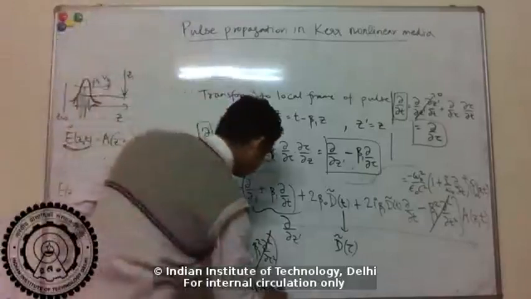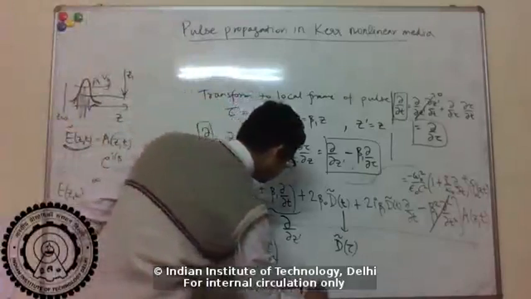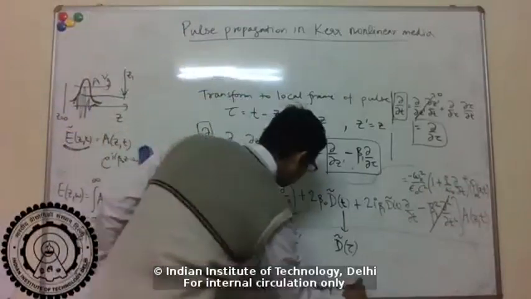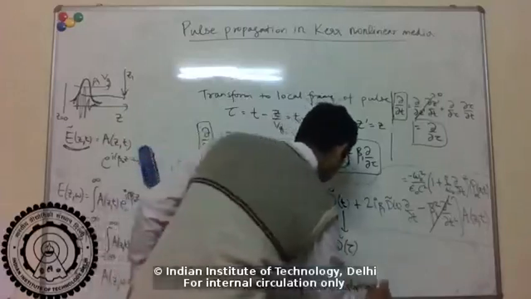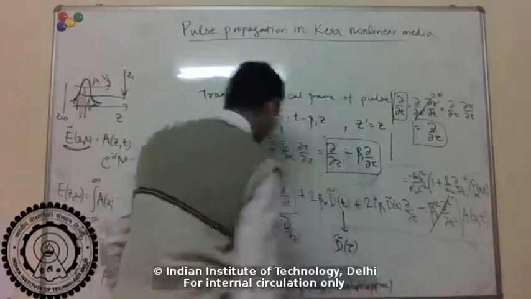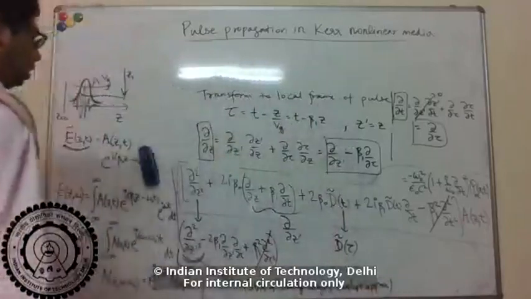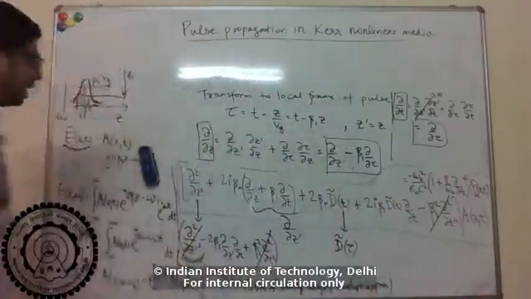So this is the same approximation we made. Okay, so we neglect this second derivative of z.